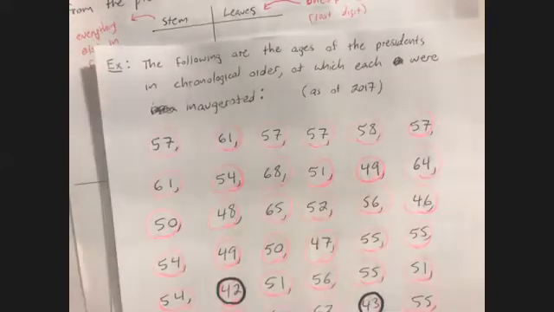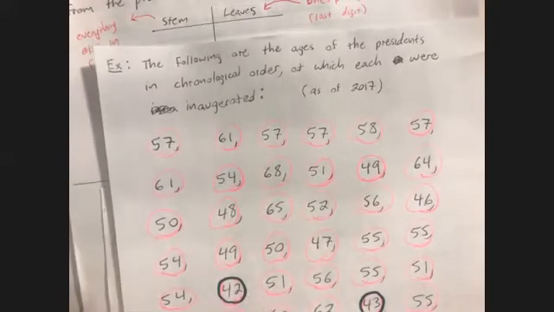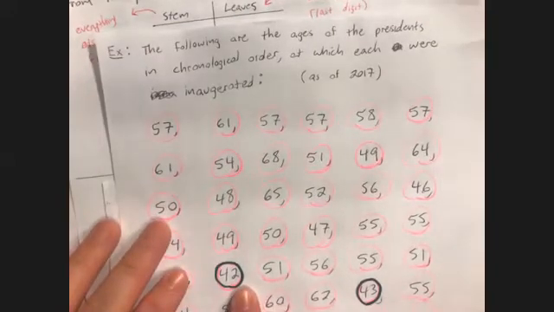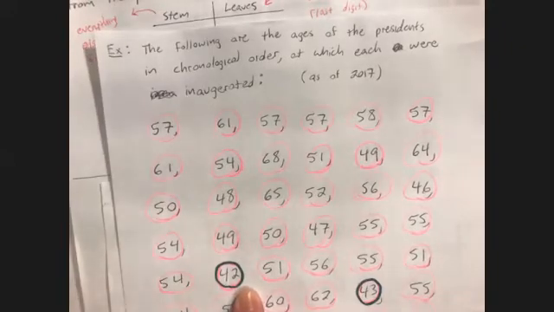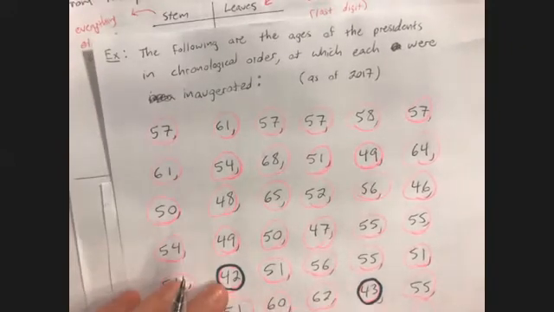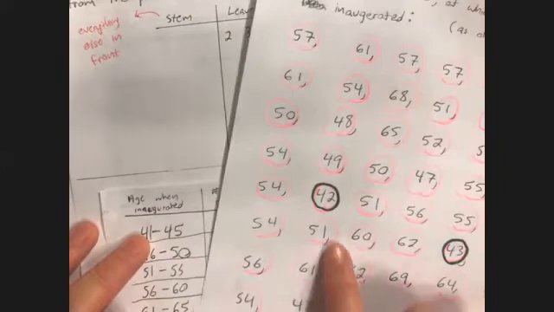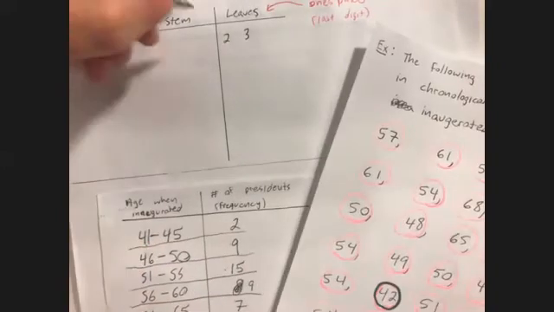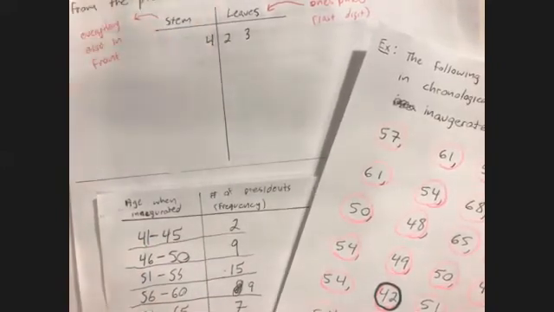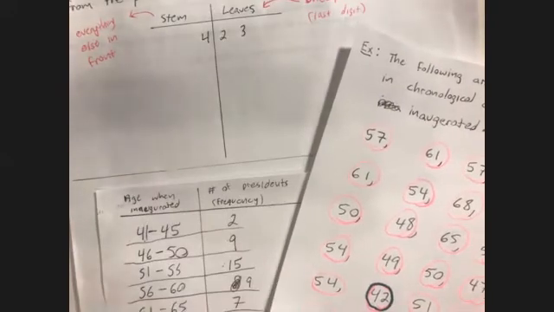Those are the only ones between 41 and 45. Now, the ones place here is a 2. So I put those in smallest to largest. Actually, you don't have to. I noticed the book has both. So those are my leaves, the 2 and the 3. And then the 4 goes here.